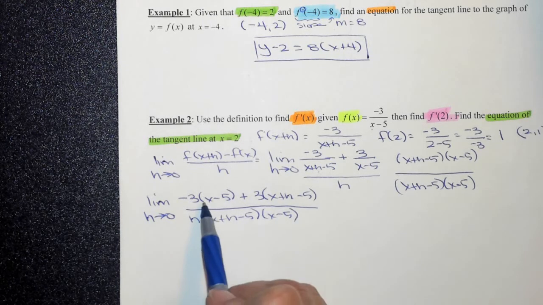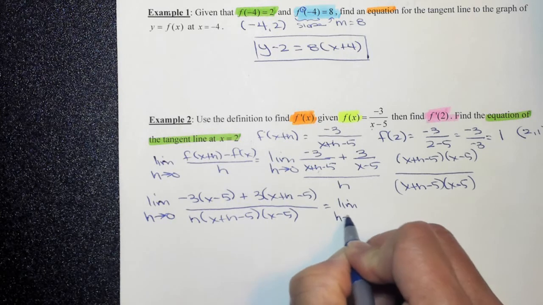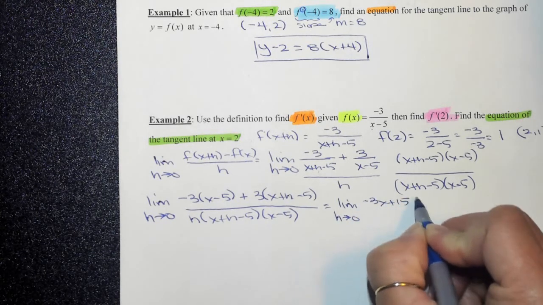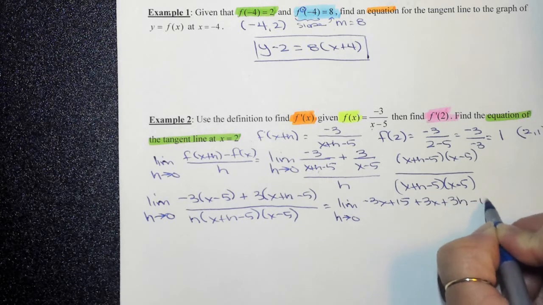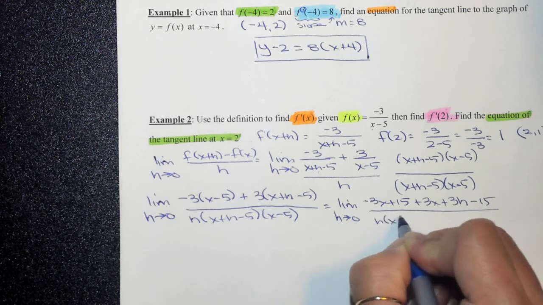Okay, so I need to distribute. So we have the limit as h approaches 0 of negative 3x plus 15 plus 3x plus 3h minus 15 all over this crazy denominator.